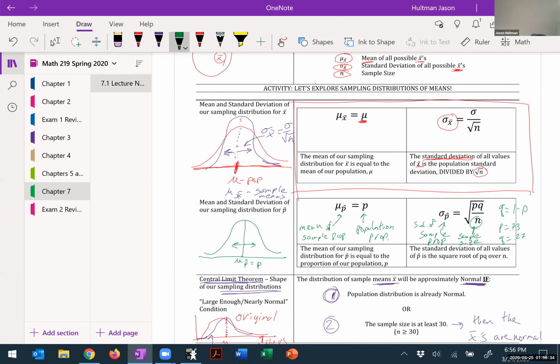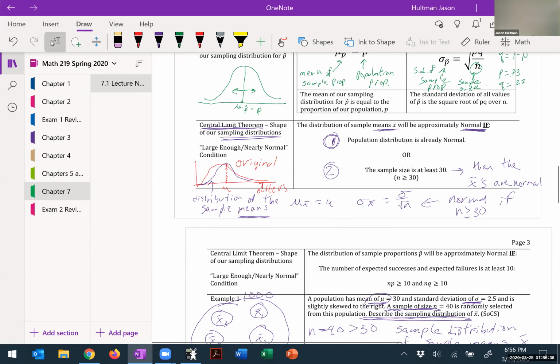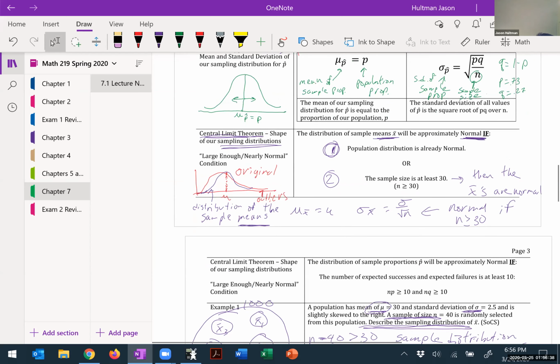Okay, let's do a problem with this. Now, again, how do we know this is going to be normal? Well, again, the sample size has to be large enough. What's large enough for proportions is that N times P has to be bigger than 10, and N times Q has to be bigger than 10.